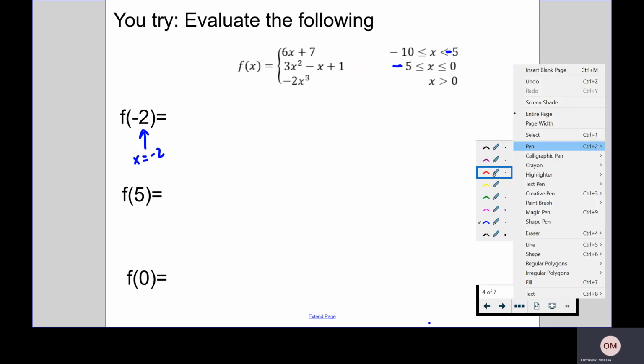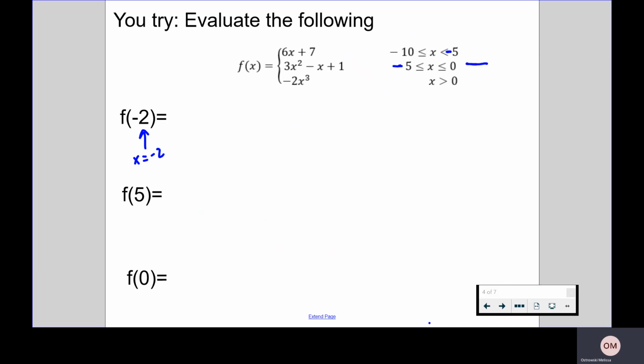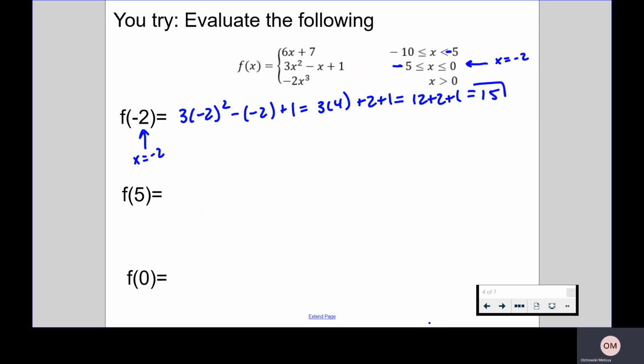And when x is -2, now I don't fall in there. I fall in right here. That would be between -5 and 0. So I'm going to fall in there, and I would have 3 times -2 squared minus -2 plus 1, or 3 times a +4 plus 2 plus 1. 12 plus 2 plus 1 would be 15.